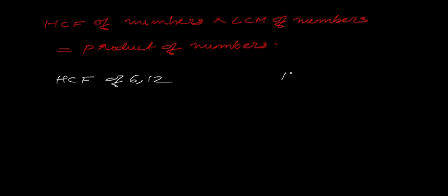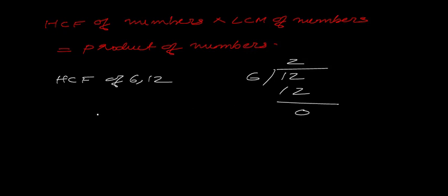So 12 as the dividend and 6 as the divisor. We get 2, and the remainder is 0. So the HCF of the numbers is equal to 6 in this case.